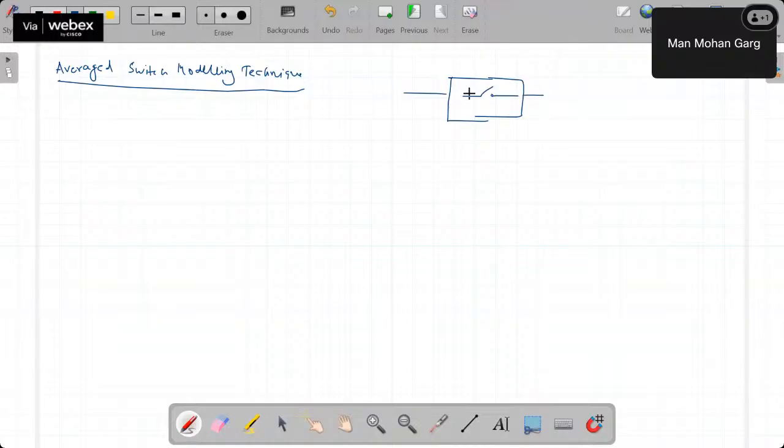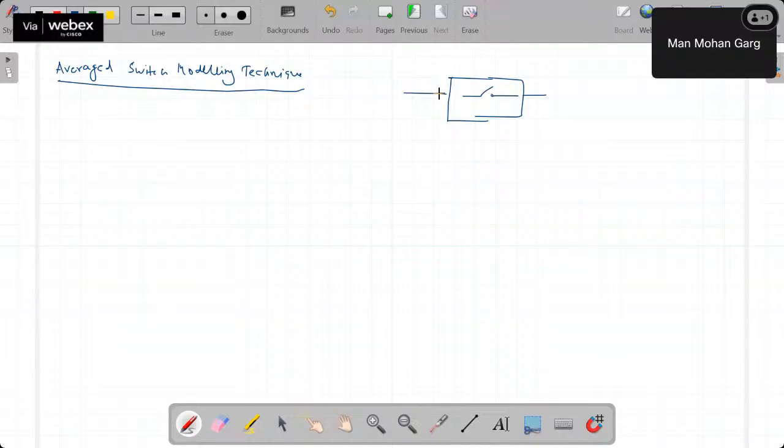We have one mode, which is a linear equation, and we write it as a state space model. And when the switch is off, then also we have one state space model. Now, after that only we average it.